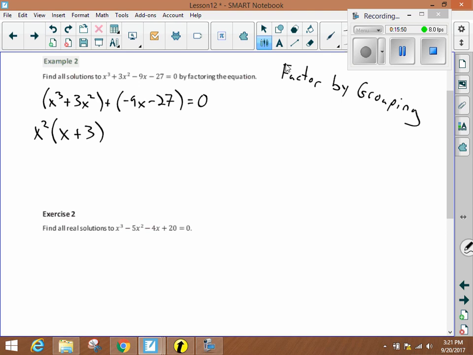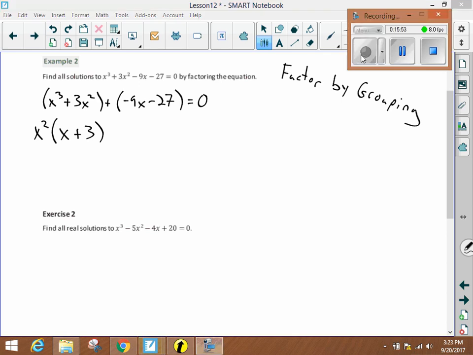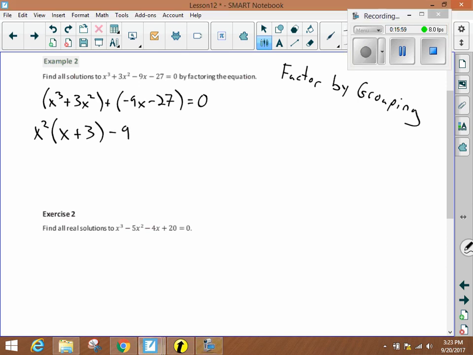And it's going to work. Okay, so I am going to factor out a negative 9. So negative 9x divided by negative 9 is going to be x. And negative 27 divided by negative 9 is going to be positive 3. Look at that. That's what I wanted.